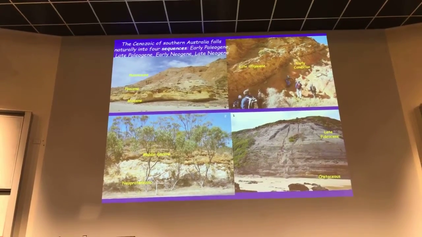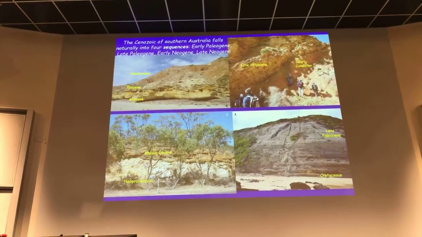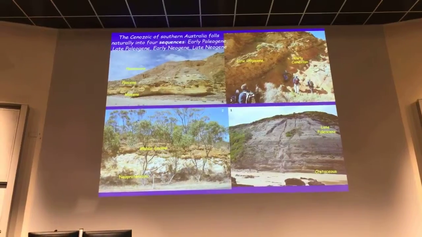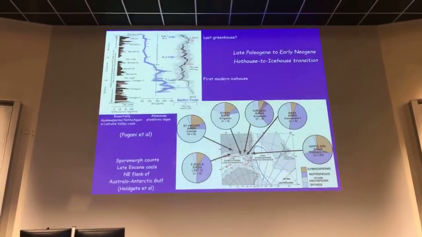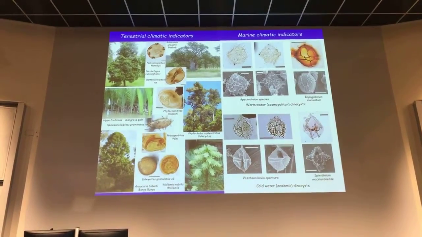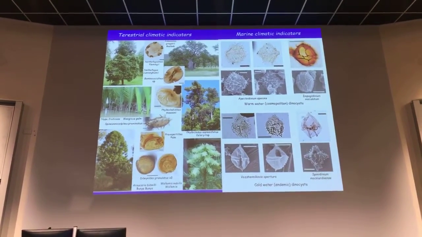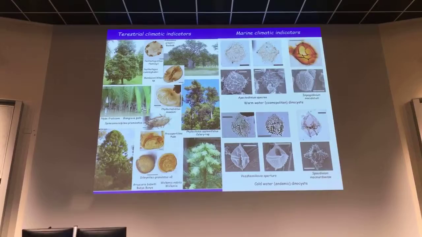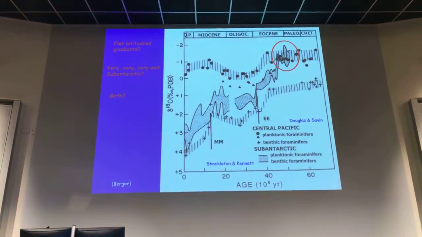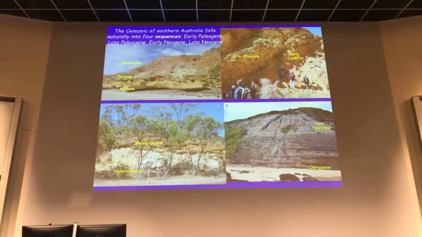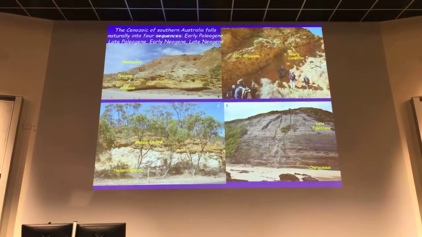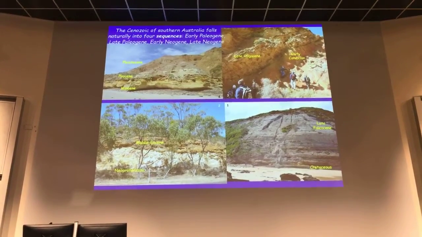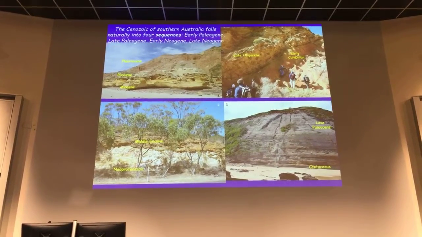I don't want to go into the detail of that, but I'm showing 4 big unconformities. Where's the green? Up there. You can see an unconformity between the Cretaceous and the Paleocene down there.